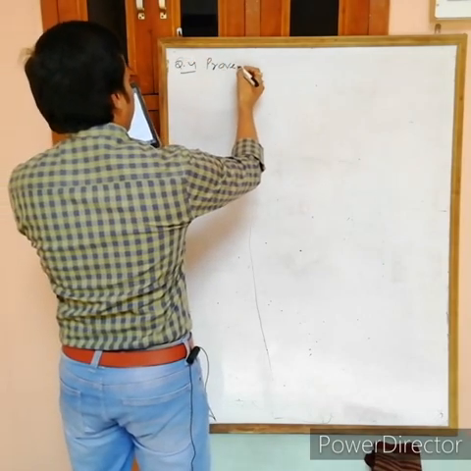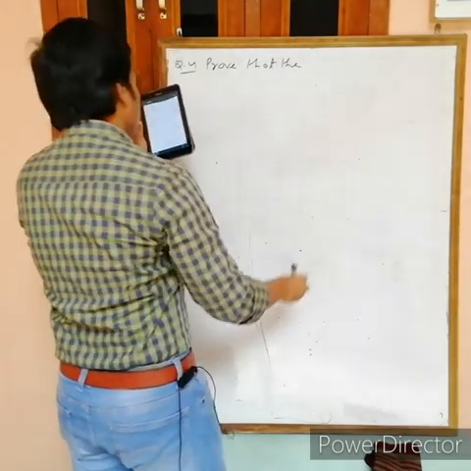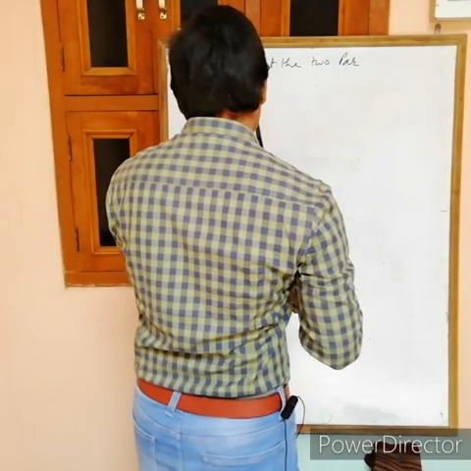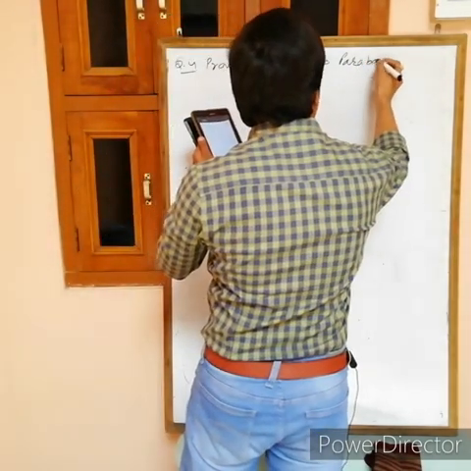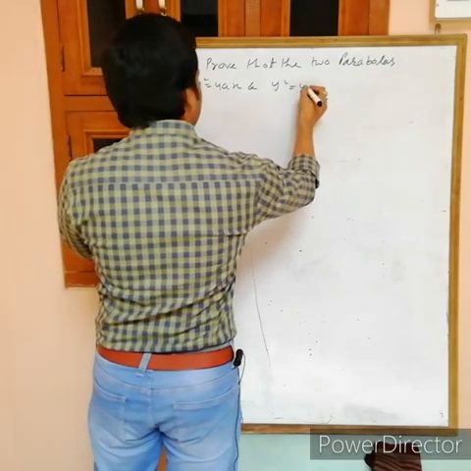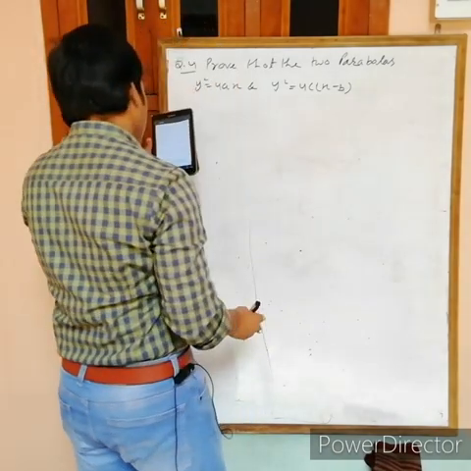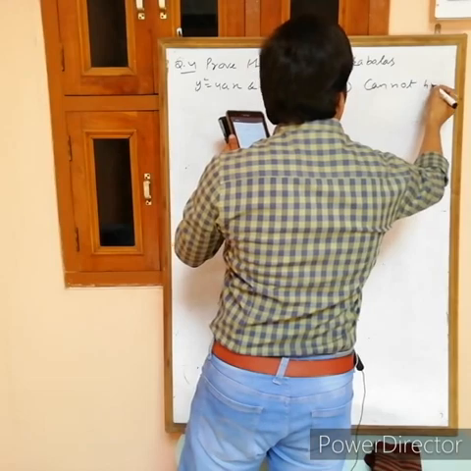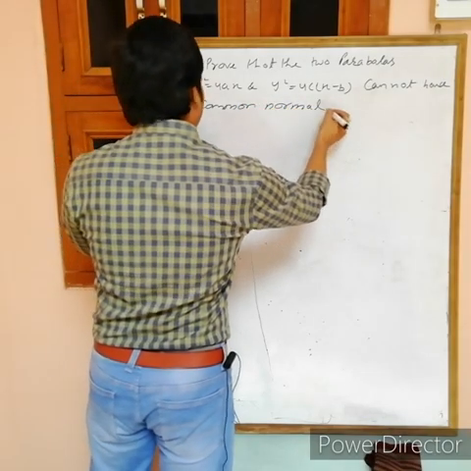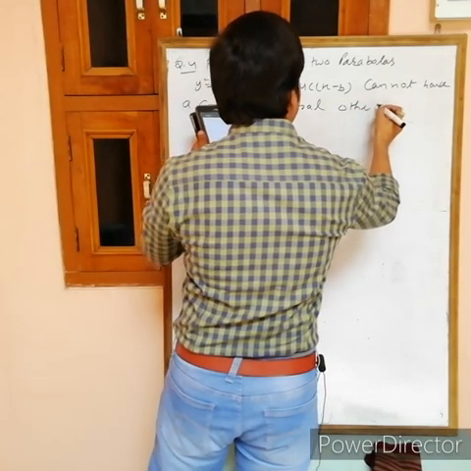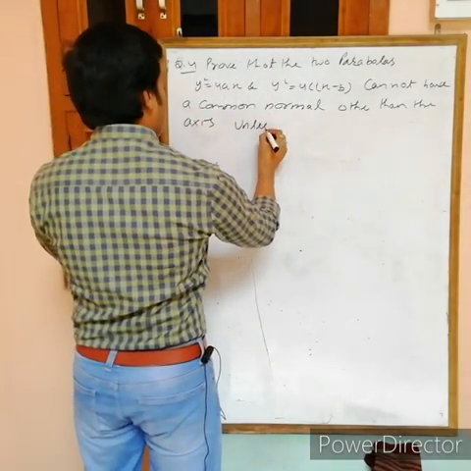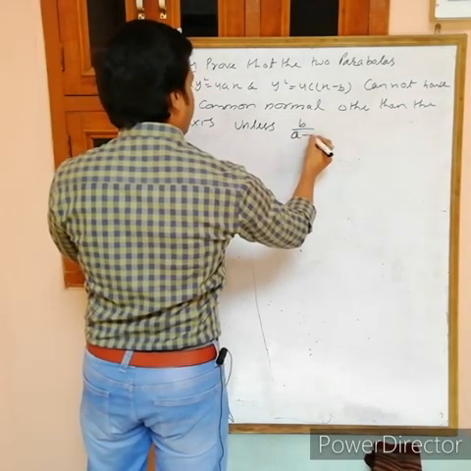Prove that the two parabolas, y square equals 4ax and y square equals 4cx minus b, cannot have a common normal other than the axis unless b by a minus c is greater than 2.